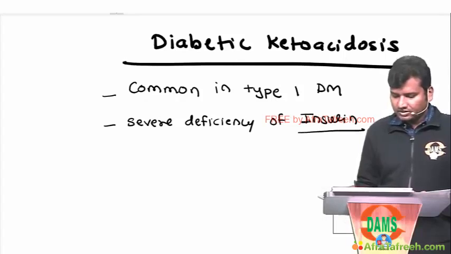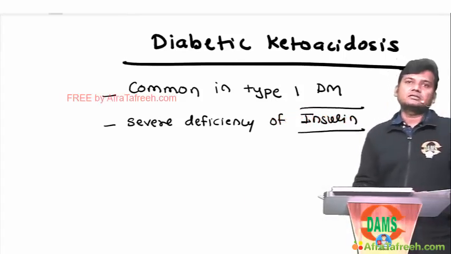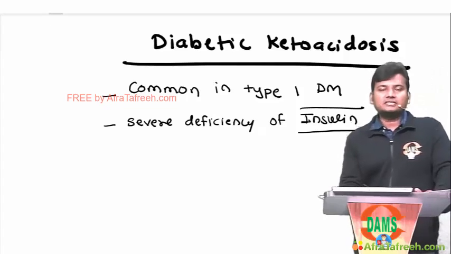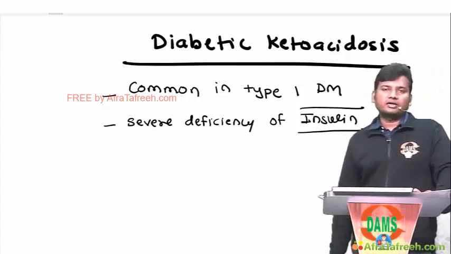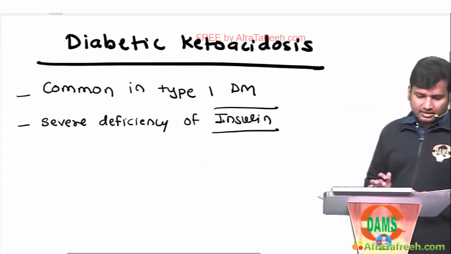Antibodies are destroying the beta cells, so the number of beta cells is decreased, and insulin secretion is severely decreased. Now we will understand the pathogenesis.